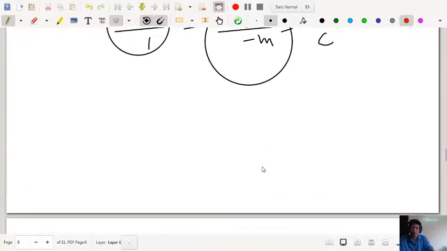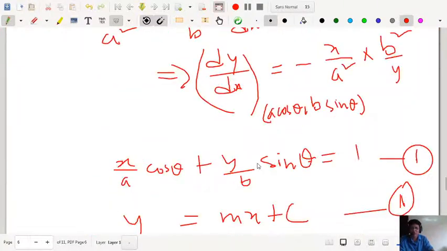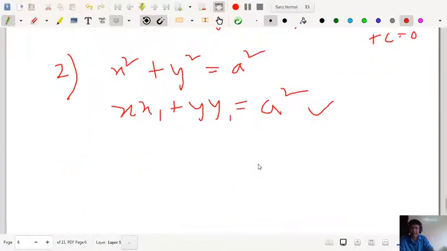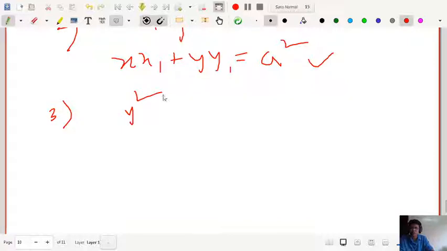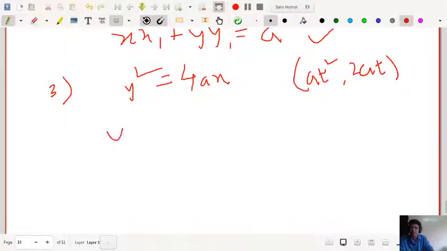Now suppose you want to write the equation of the tangent to the parabola directly. You want to verify your result in any calculation. So what is your equation of the parabola? y square is equal to 4ax. At what point do you want to check? Let us check at the parametric point at square comma 2at. So let us write it directly. How will you write? y into y1, because the square term will be a product, so y1 is 2at in this case.